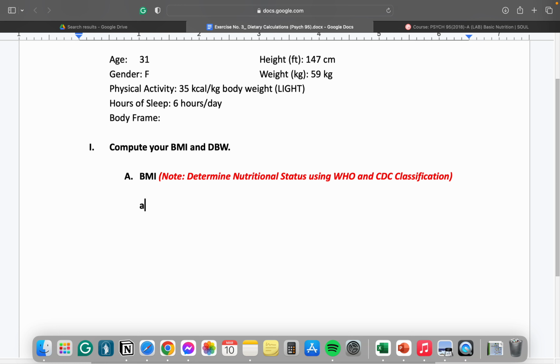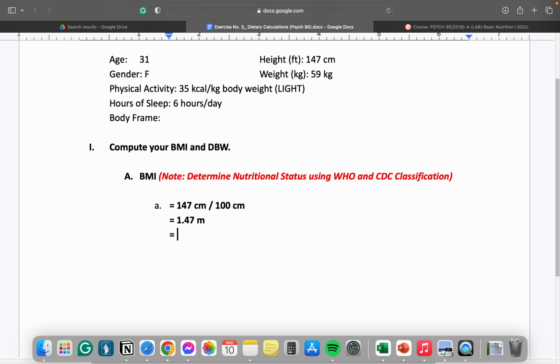All right, let's convert it first. 147 centimeters divided by 100 centimeters to determine the meters. So we have 1.47 meters.